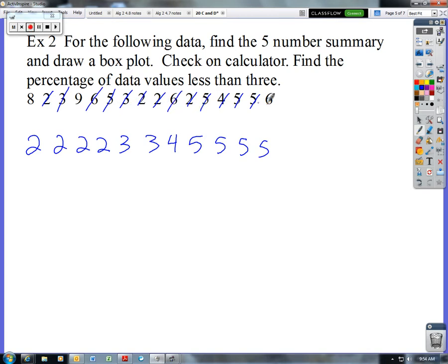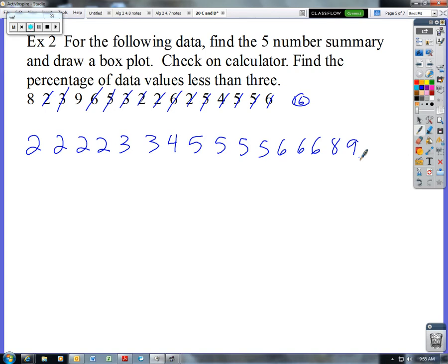I've got 3 6s. And 8, 9. And I'm going to check and make sure I got all the data. 1, 2, 3, 4, 5, 6, 7, 8, 9, 10, 11, 12, 13, 14, 15, 16. There's 16 of these. Okay.